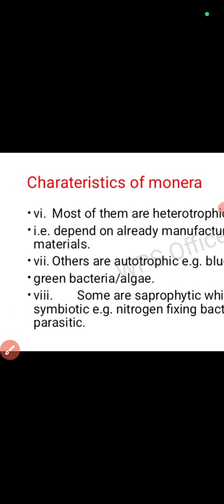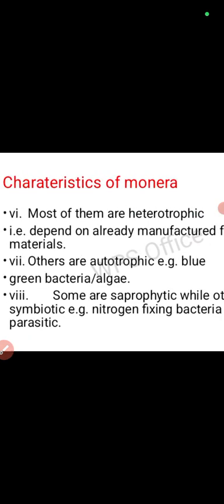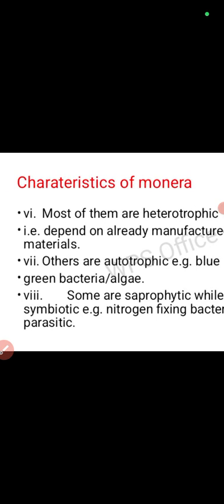Not all of them are heterotrophic, but some are autotrophic. The autotrophic ones are blue-green algae. Another characteristic is that some are saprophytic, while others are symbiotic.